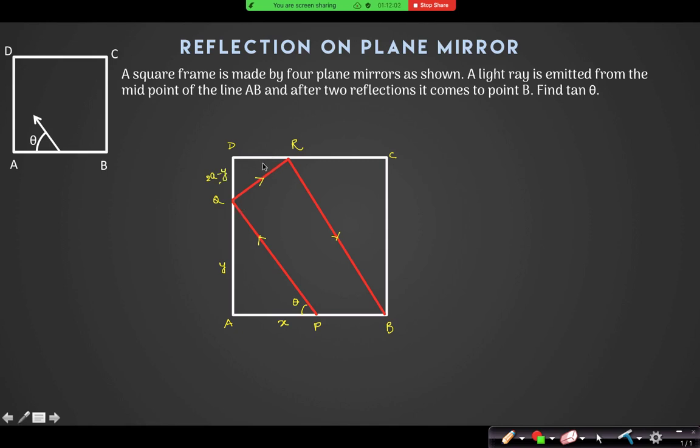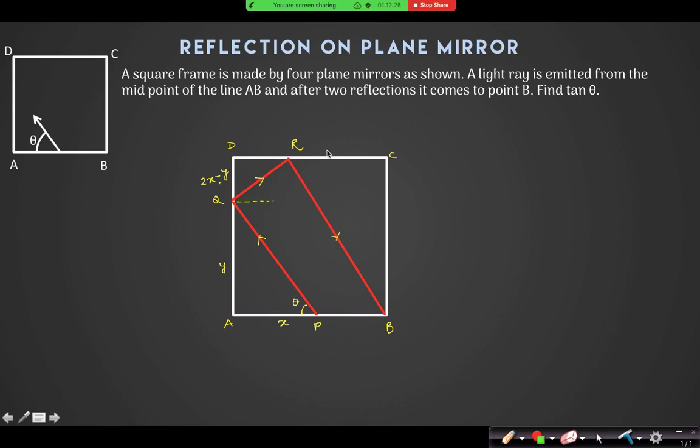The side length can be 2x. You can say that 2x because it is the midpoint. So it is 2x minus Y, and this angle is theta, right?